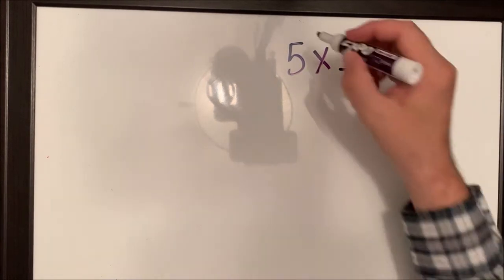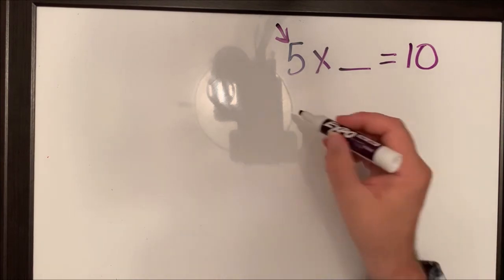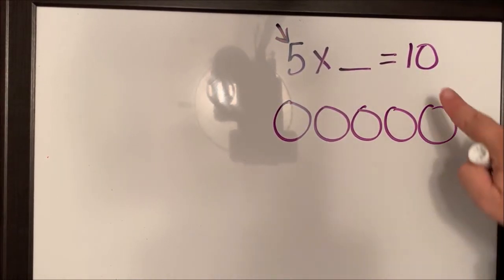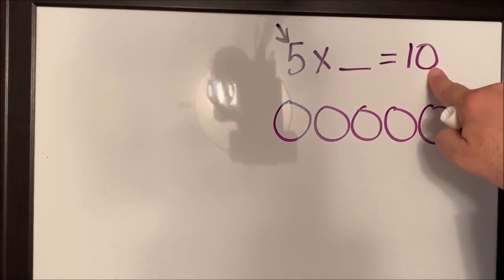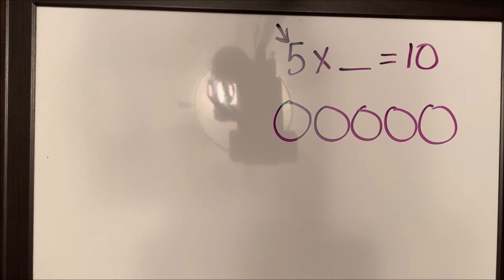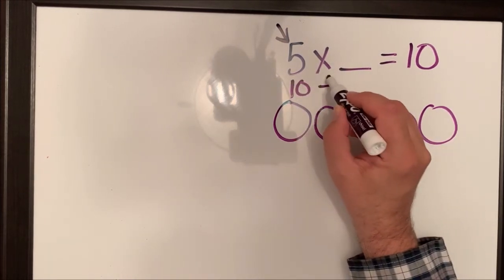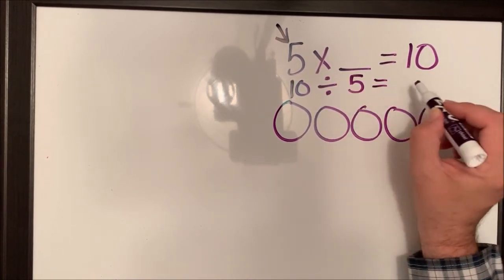So this tells me how many groups I have. So 5 groups. So I draw 5 groups. I have 10. So 5 groups of something equals 10. So I'm going to use division. I'm going to take my 10 apples, divide them equally into 5 groups, and I'm going to get my answer.